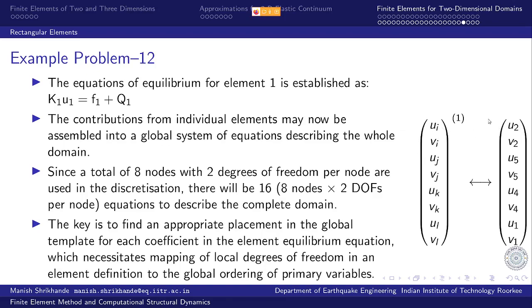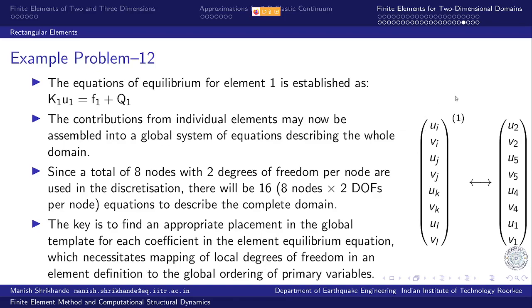So Ui corresponds to U2 in the global ordering of variables, Vi corresponds to V2, Uj corresponds to U5, Vj corresponds to V5, Uk corresponds to U4, Vk corresponds to V4, Ul corresponds to U1, Vl corresponds to V1.